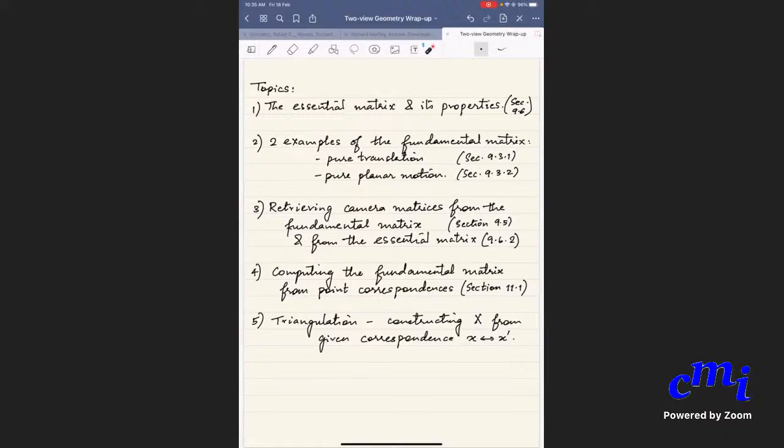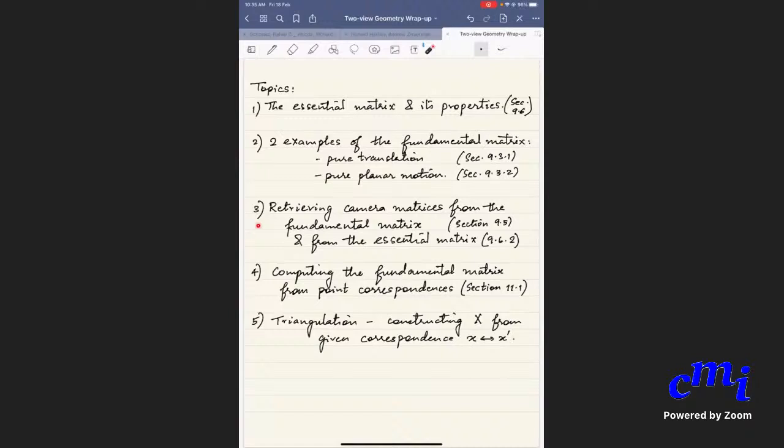One where the transformation between the two cameras is that of a pure translation, and another where the transformation is a pure planar motion. So there could be rotation, but the motion is still planar. These two examples I'm going to leave to you. I'm not going to cover them now. If somebody asks or it is required, then I will say something about it later.